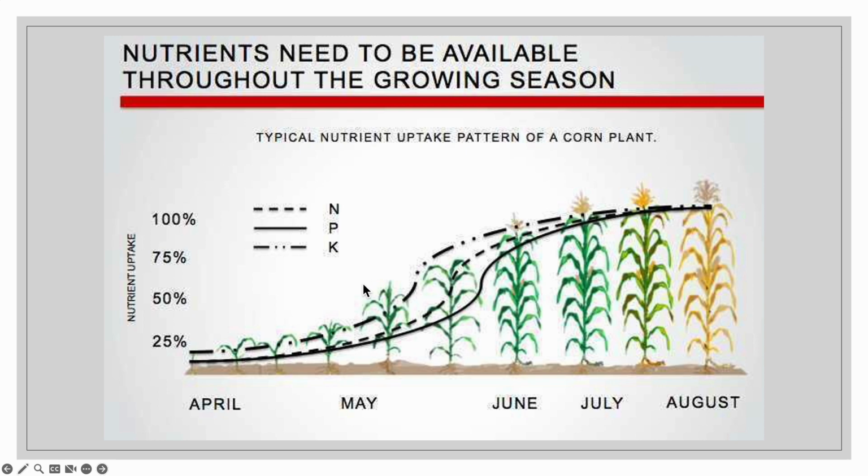I don't know why that is, but it just seems to happen that when we're at V3, V4, when we want to apply our first side dress application of fertilizer, it typically rains that week and we can't get in the field. So the plant's still growing. It's going to miss that window, and we miss this feeding time for this plant, so that by the time we do get back in, the plant has moved up to V6 or V7.